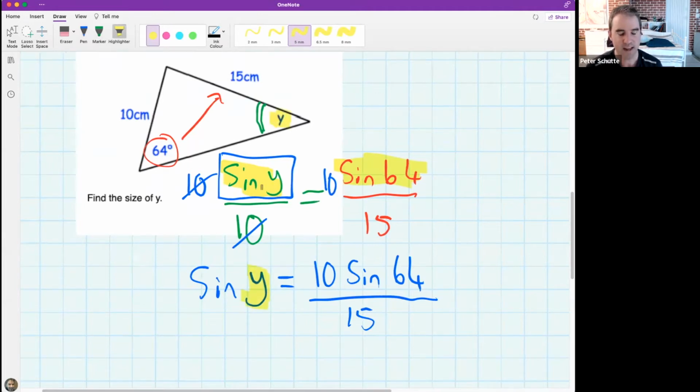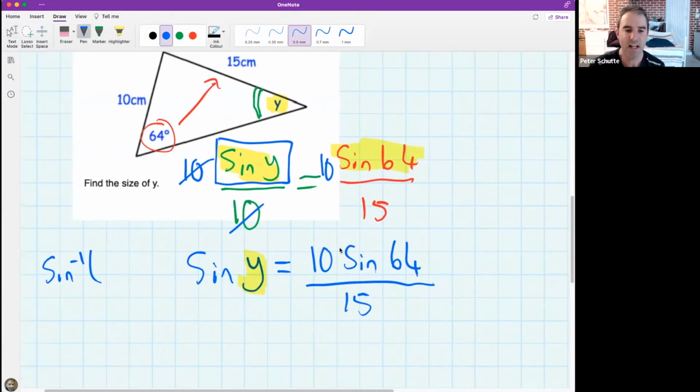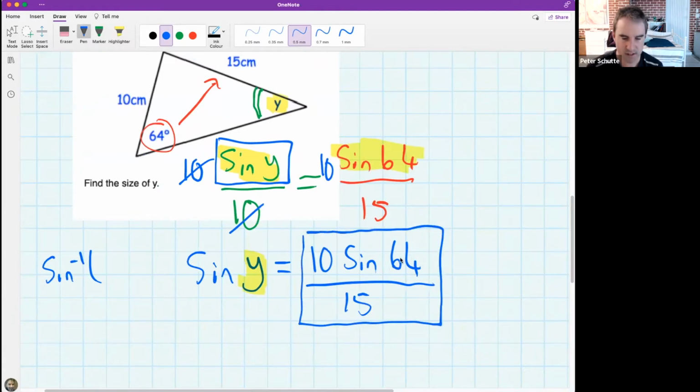So this is where I need to use the inverse sine command on our calculator. On your calculator, when you go shift sine, you get sine to the power of -1. What we're going to do now to get this, in fact, let me first check you got this first bit right. I want everyone to write in the chat, what are you getting for this part over here?